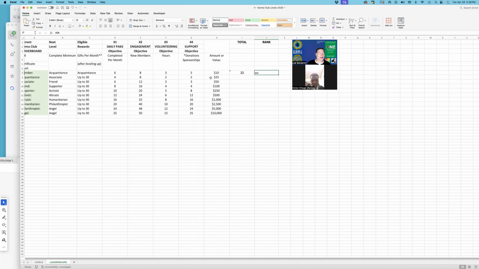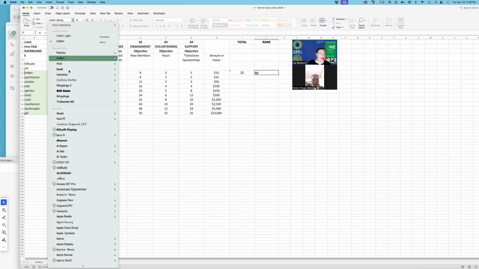So for your level on the leaderboard, you did 22 activities or achievements during the month, and you're ranked at a certain number compared to everybody else.